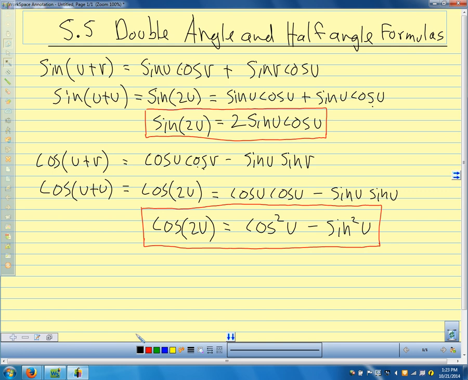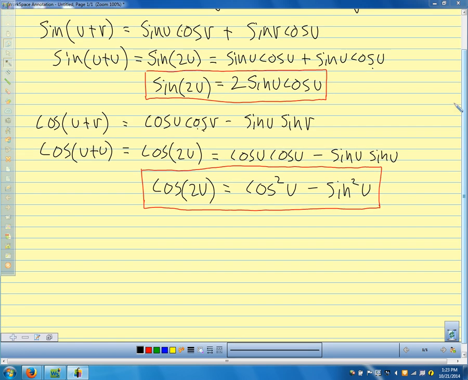And then don't we have a couple of Pythagorean identities that we could substitute for either cosine squared or sine squared and write this only with sines or cosines? We can do that and come up with two different equivalent identities for cosine 2u.